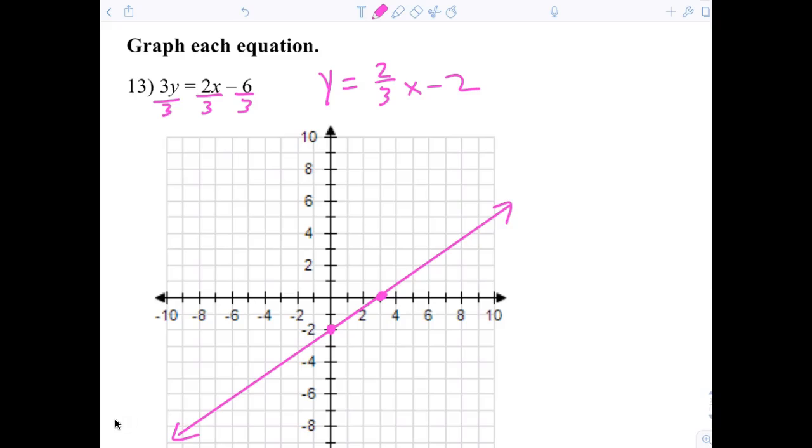And now, did you get this right here? That's correct. That's it. You're in good shape now for that one?